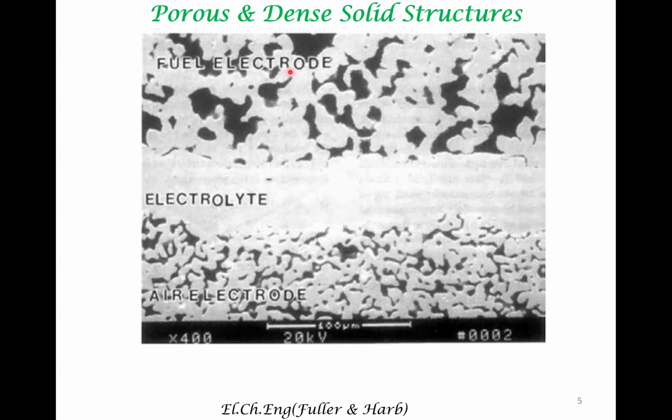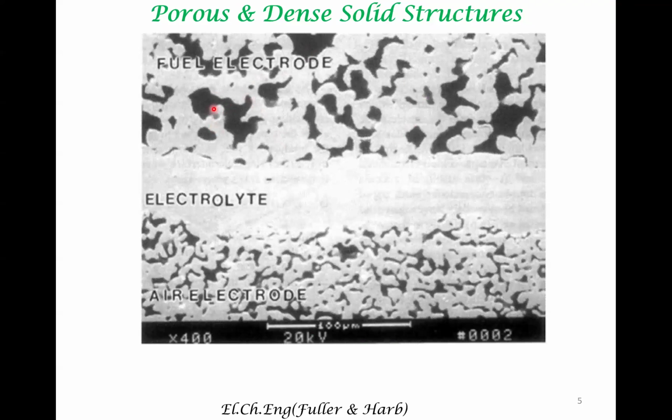This porous structure has to serve a different function. The essential function is that it has to provide for the three-phase boundary. That is, there should be facile transport of the reactant gases and electrons, and it also has provisions for conduction of ions.